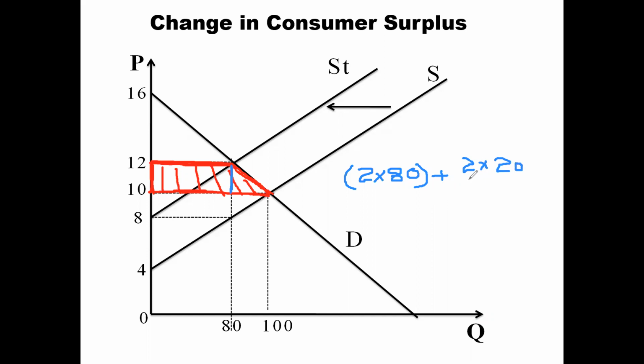We add the rectangular area and the triangular area separately. 2 into 80 plus 2 into 20 over 2. 2 into 80, 160, plus 20, 180. Right? So mark the area and show this.